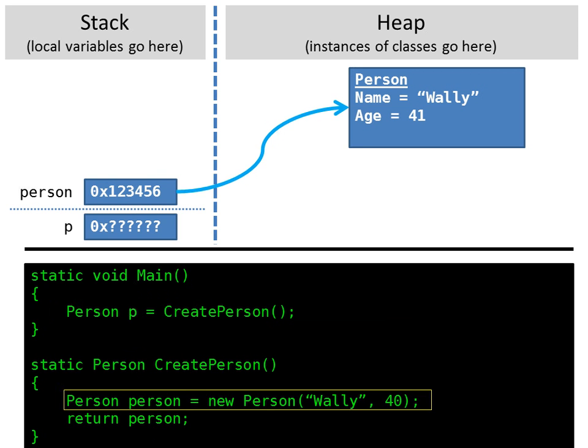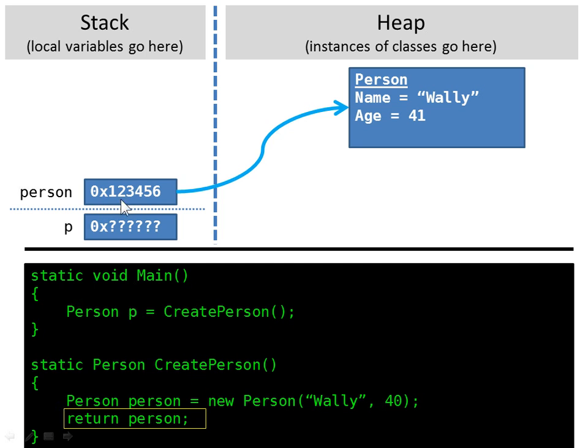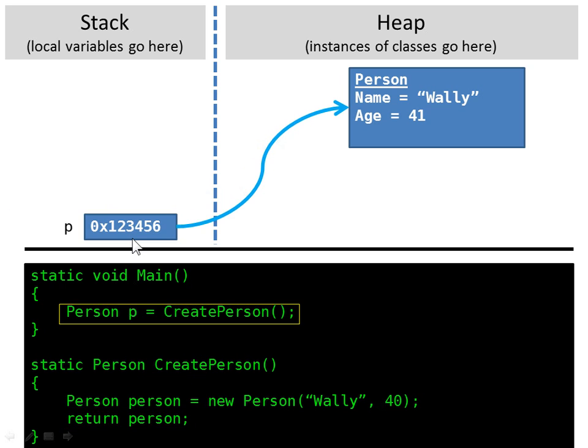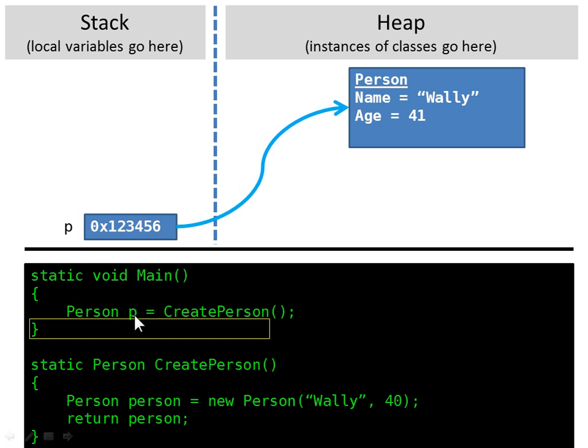We create a new instance of person, lowercase person points to that new instance, and then we return the value of that reference. So when this returns, the value 1, 2, 3, 4, 5, 6 will be copied into our local variable P, and because the variable person was on the stack for the create person method, it can be conveniently deallocated, and then our method can continue. And now this lowercase p has a reference to the person that was allocated in this other method.